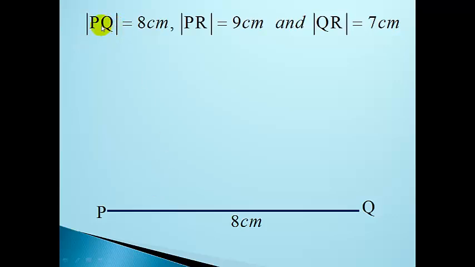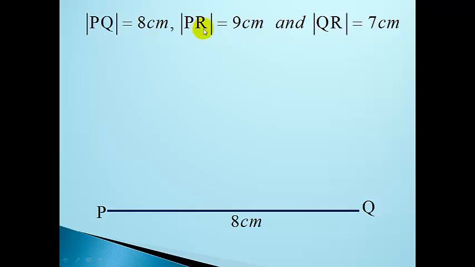Now from the question, we were given the length PQ to be 8. So you draw the line PQ 8 centimeters with the help of your ruler. Now line PR equals 9 centimeters. That means that the distance from P to R equals 9 centimeters, and R is the third vertex of the triangle.